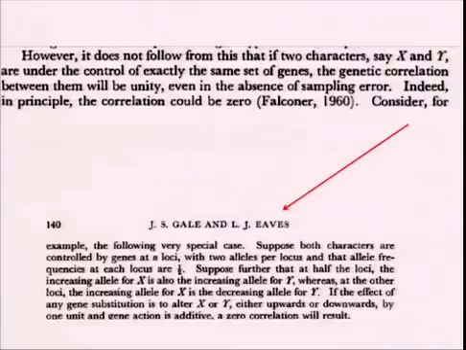In fact, they might be influenced by exactly the same sets of genes, and the correlation between them could just be zero. As explained for the very special case over here, when both characters are influenced by genes that each have 2 alleles per locus, then depending on the allele frequency and the effect of increasing and decreasing alleles, the correlation could still be zero for 2 traits that are influenced by exactly the same sets of genes.